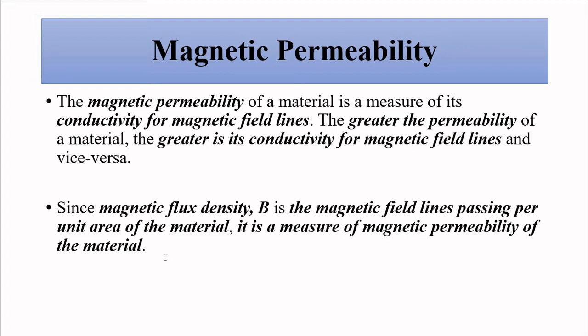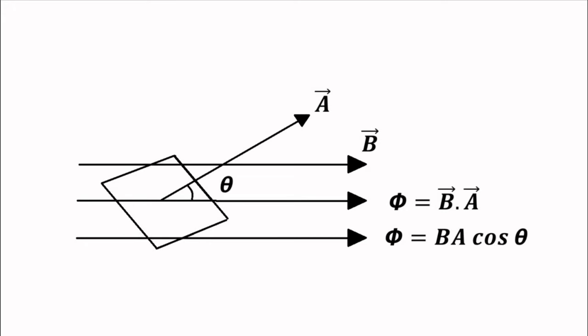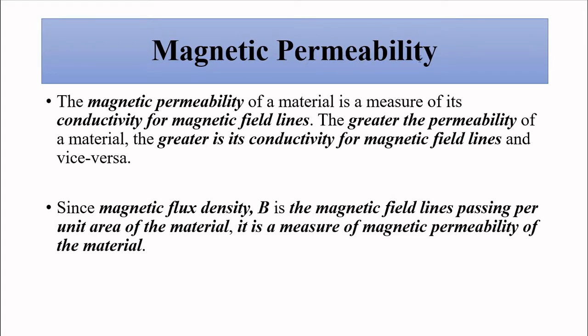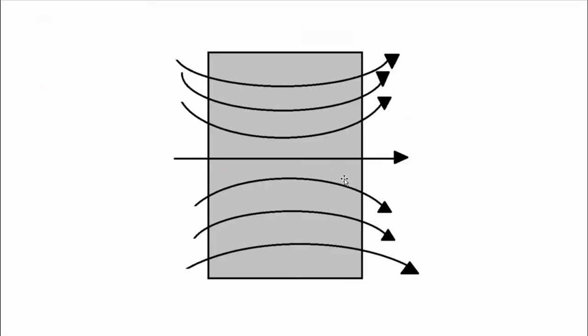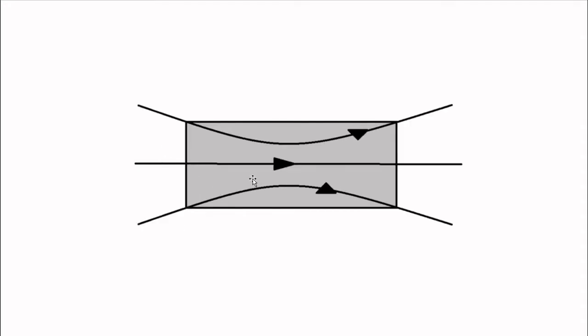Depending upon the nature of the material, how many magnetic lines of force pass through that material depends on the parameter called permeability, which we can define as the material's conductivity for magnetic field lines. Greater the permeability, greater number of magnetic field lines pass through it. Smaller the permeability, fewer magnetic field lines pass through it.